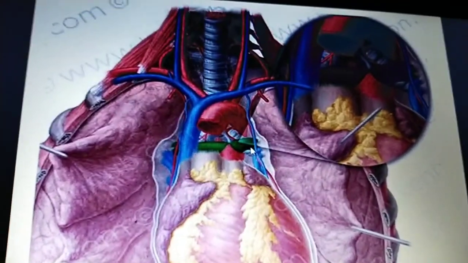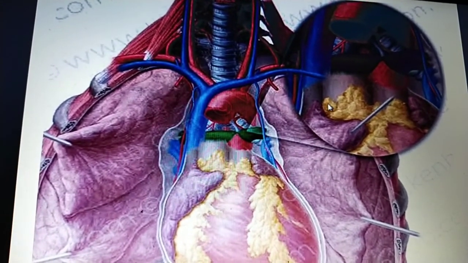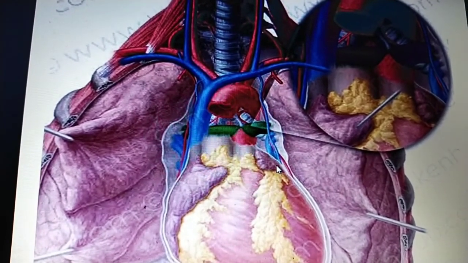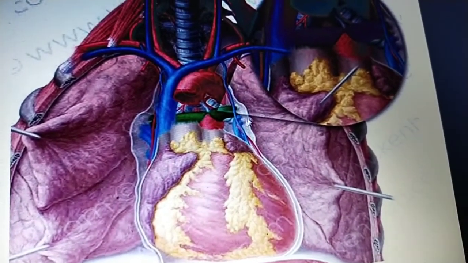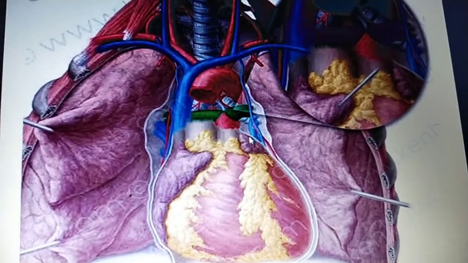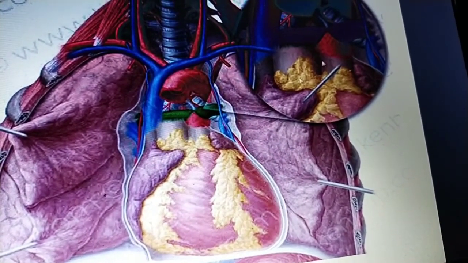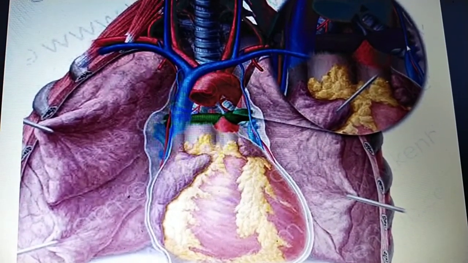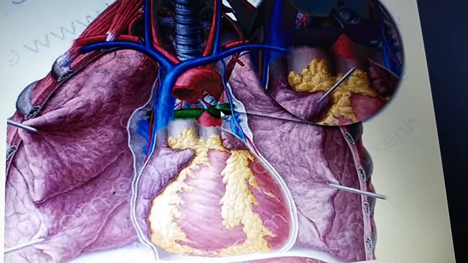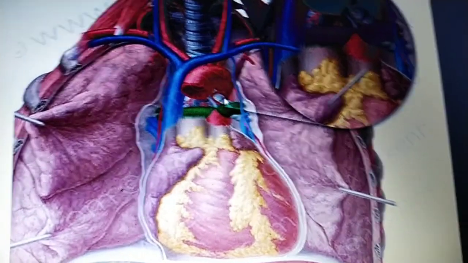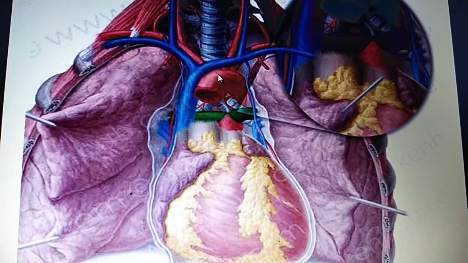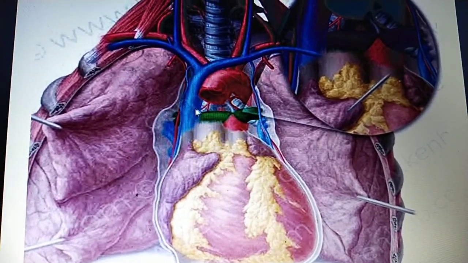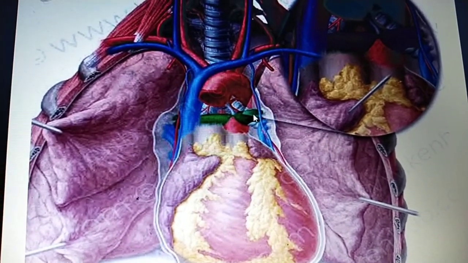And the left pulmonary artery is shorter and narrower. It passes along the border of the left atrium. This is the left atrium, it passes along the left atrium, then passes in front of the left bronchus, you can see here it is the left bronchus, and then the descending aorta to reach the root of the lung.